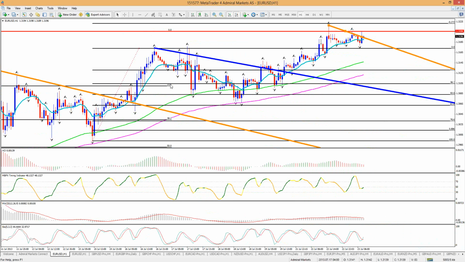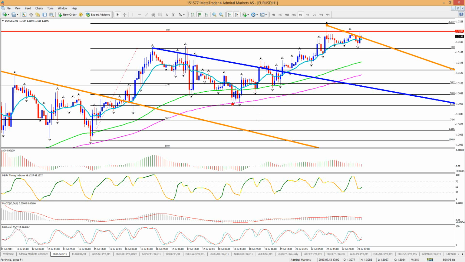Now as you can see, when you use the new fib, this new one, and 618 was hit, I wouldn't start. You could start using fibs on here, but those are fibs within the fibs, right? And becoming a bit more iffy. But probably, in fact, if you would fib all of these up moves here, they in fact all would have worked, because all of these fractals had higher lows.